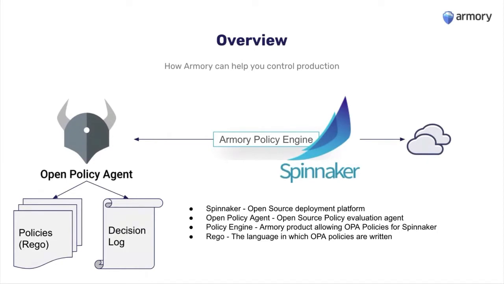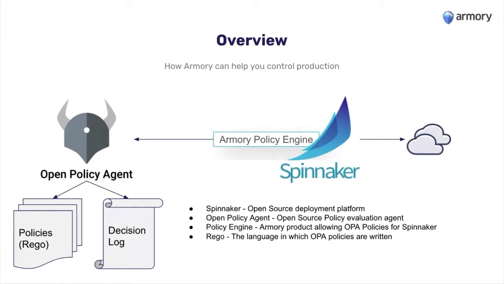Armory Policy Engine basically instruments everything you can do within Spinnaker, and it allows you to write policies against them in another open source framework called Open Policy Agent. Open Policy Agent can execute policies. Its policies are written in a language called Rego. And then it also outputs what's called the decision log.